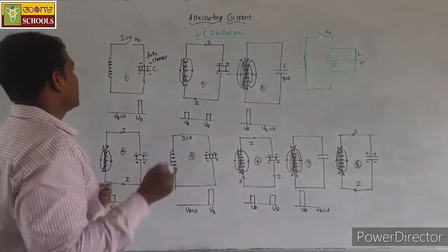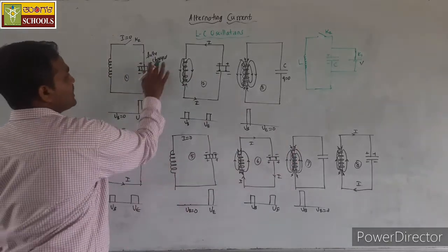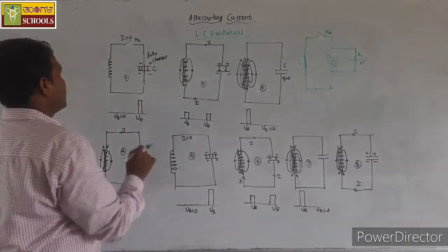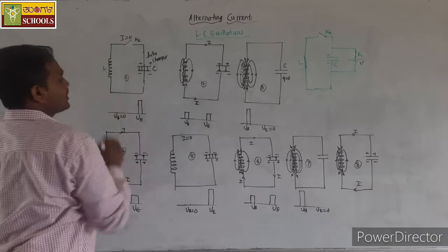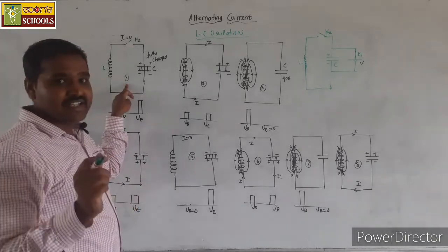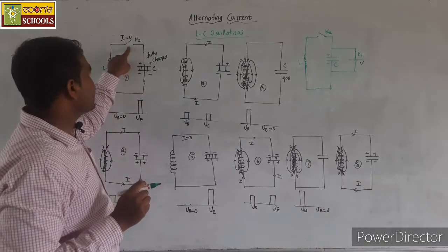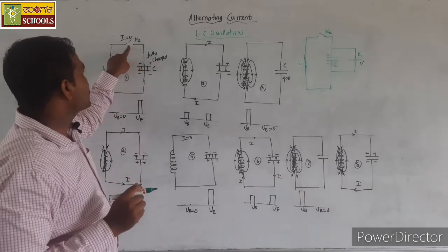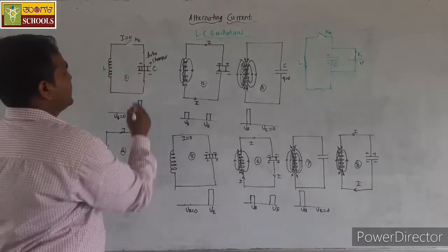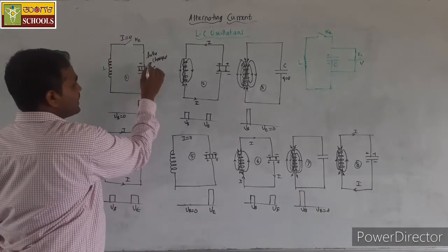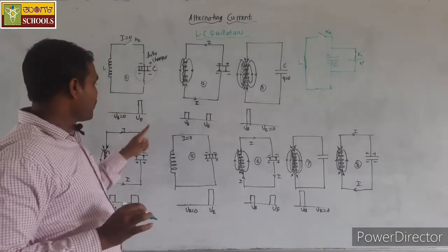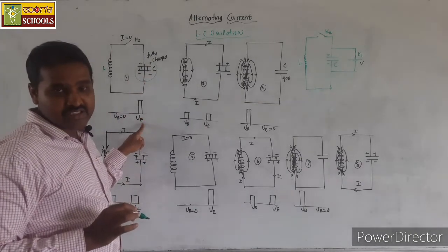First, we consider a capacitor which is completely charged, and here we have the inductor of inductance L. In the first stage, this key K2 is open. When the key K2 is open, when the circuit is open, whatever energy is there is completely stored in the capacitor in the form of electric field energy.